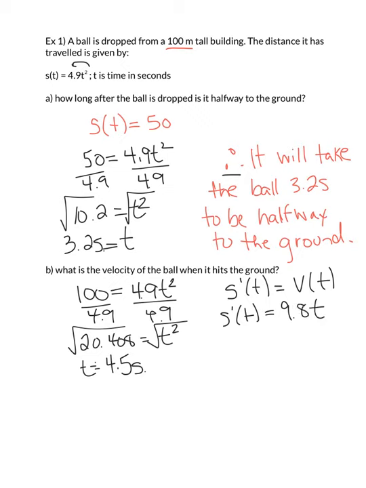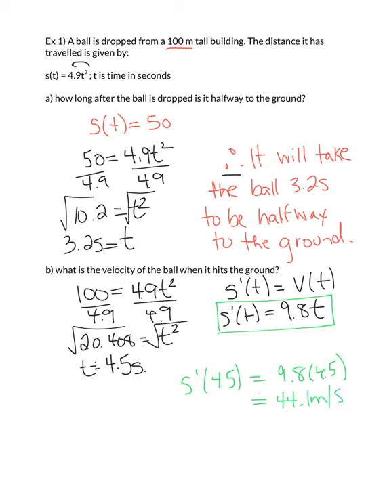And now that I have my velocity function, I can go ahead and plug in my 4.5 seconds that I solved for earlier. And this is going to give me 44.1 meters per second for my velocity at 4.5 seconds.